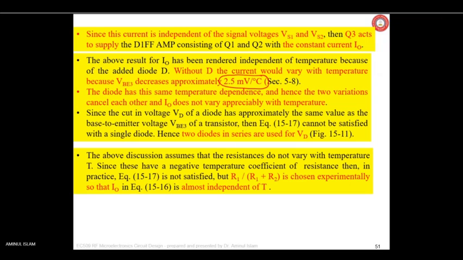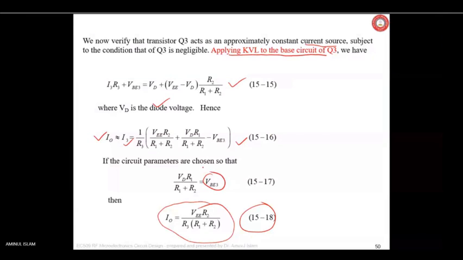But yes, one diode is not sufficient, because the cut-in voltage of a silicon diode is what? With that, VB is also 0.7 volt, and with that it will not be possible. You see this equation here, and the diode equation.